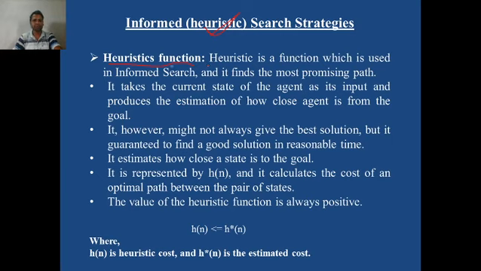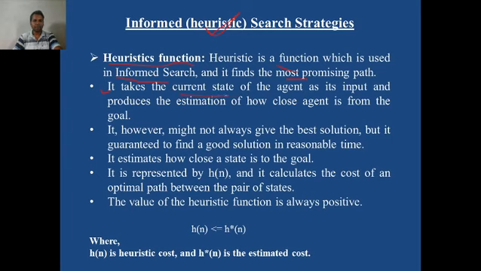So what exactly is the heuristic function? It is a function used in informed search, which is useful to find the most promising path for the algorithm. What does it take in order to find the heuristic value?